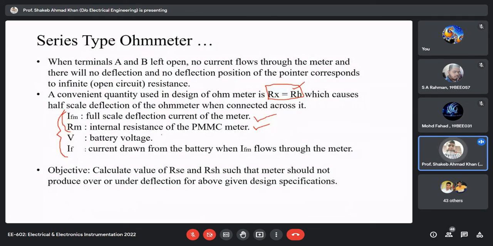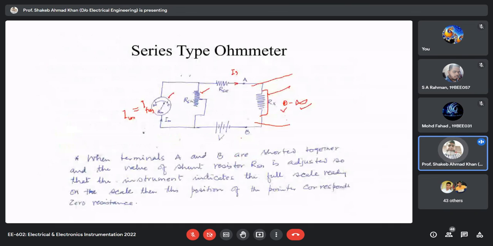Then you should know the battery voltage, and how much current you will draw from the battery when IFM flows through the meter, means in the maximum current condition. And you know the maximum current condition is when these input terminals are shorted.